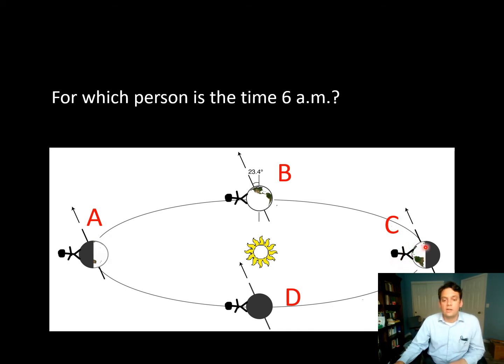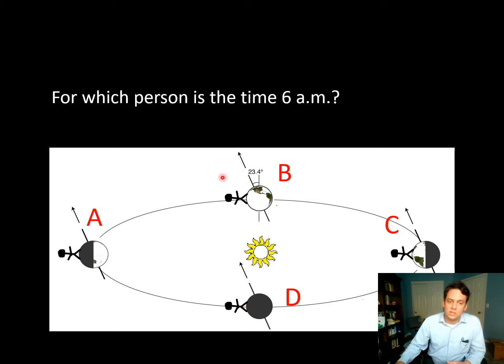So now the question is, which one of these guys, B or D, do we think is going to be 6 a.m.? And here, the answer depends critically on the direction of rotation of the Earth again. If you remember, the Earth rotates counterclockwise as viewed from above, so as viewed from up here, say. And so this guy B is rotating towards the sun, whereas the guy in D is rotating away from the sun.